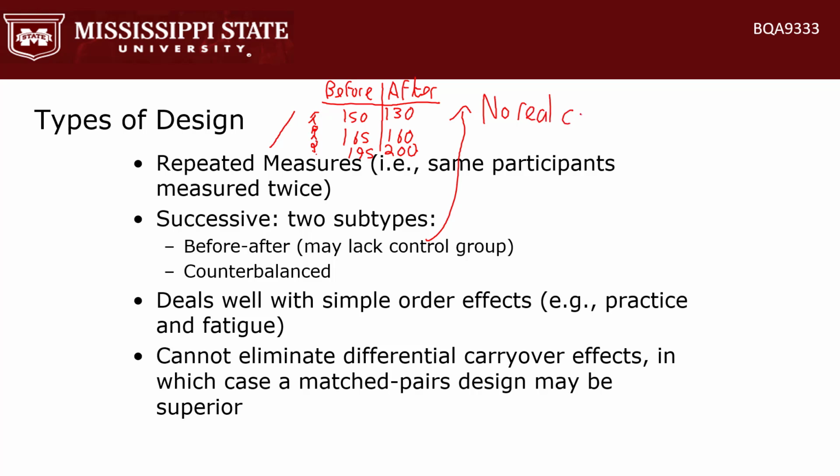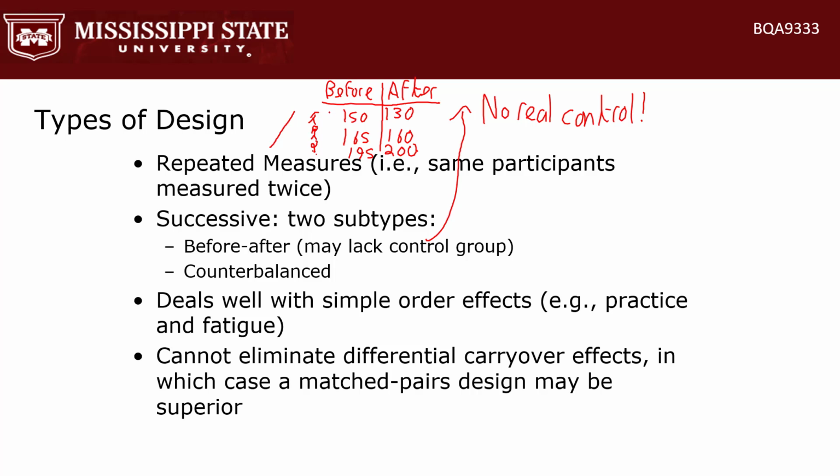In most of the experimental designs we've been doing so far, we'll have two different groups which we're comparing. Here we have one group. So it may be that these people come to the weight loss center and something's going on in the weight loss center.